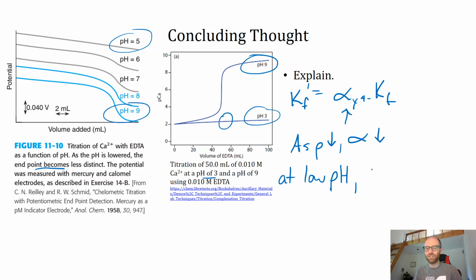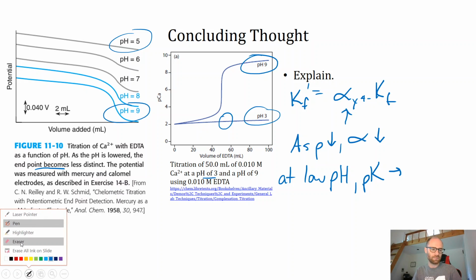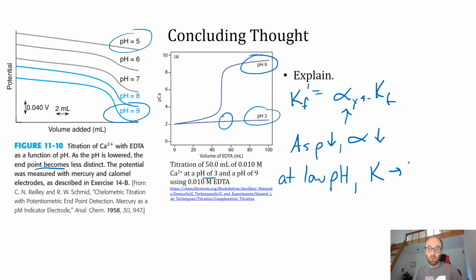At low pH, you could even imagine some situations where K starts to approach a value of 1, or even K might be less than 1. And remember that if K is less than 1, then that's a reactant-favored process, and you're not going to see any binding, really.